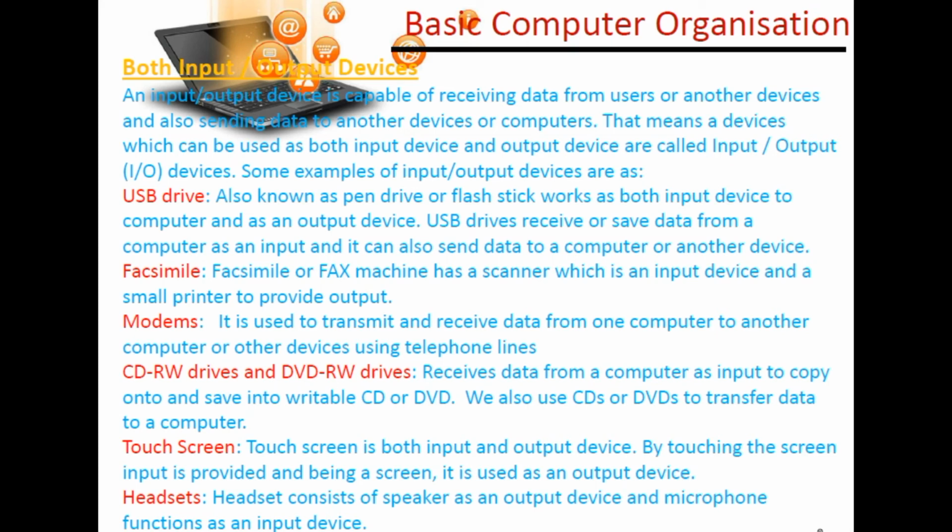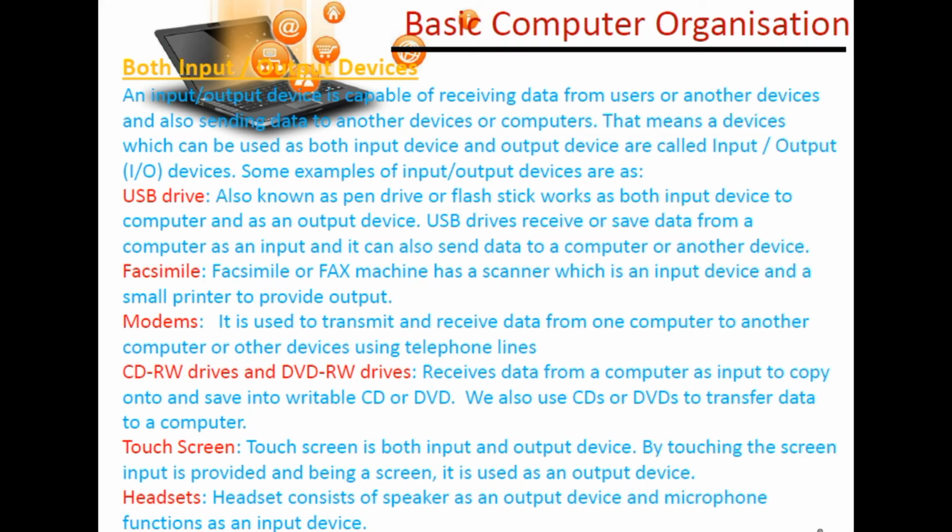Now fax machine, that is facsimile or fax machine, has a scanner which is an input device and a small printer to provide the output also. Modem, it is used to transmit and receive the data from one computer to another computer or other device using telephone lines.